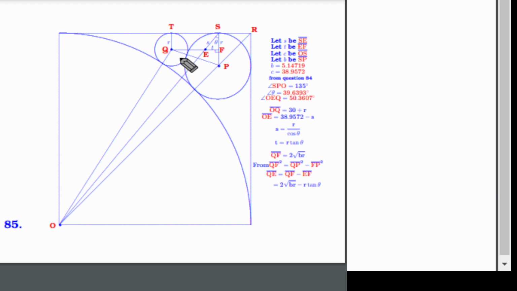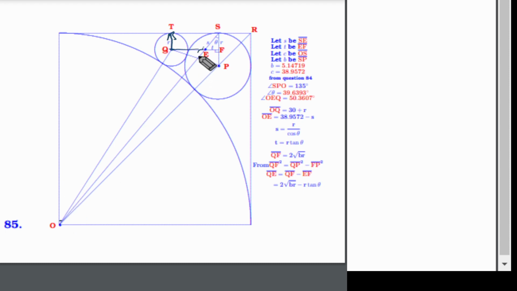Okay, now to get the radius R, we need a survey. What kind of equation can we make including R? If you look over here, one of the most promising ways attracting our eyes is this triangle QEO.